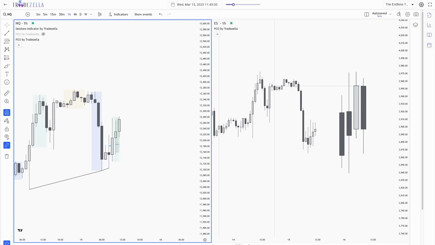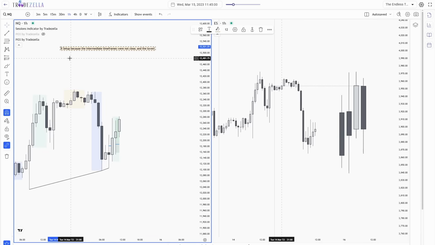And I will now annotate this chart, so we will write B setup because the intermediate time frame were not clear and the lower time frames had a bad structure, so we will save this.